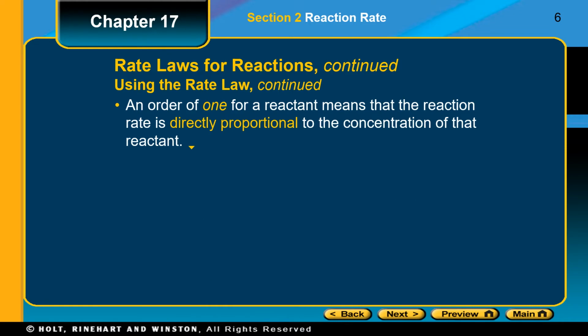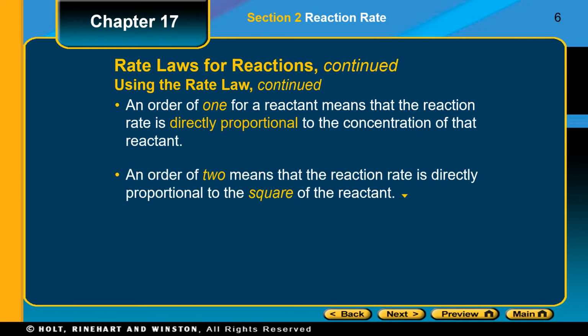Now, an order of 1, in other words, if we use an exponent of 1, a power of 1, means that the reaction rate is directly proportional. This is something probably important to remember as we go forward: if you find out that two things are directly proportional, then you have determined that the order, the power that I put after that reactant, is going to be a 1.